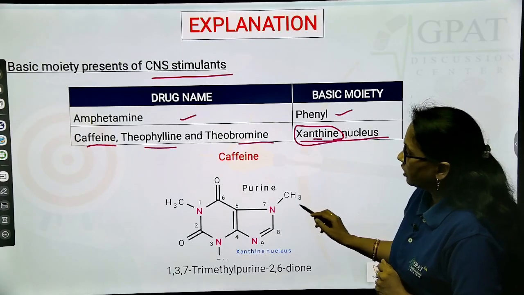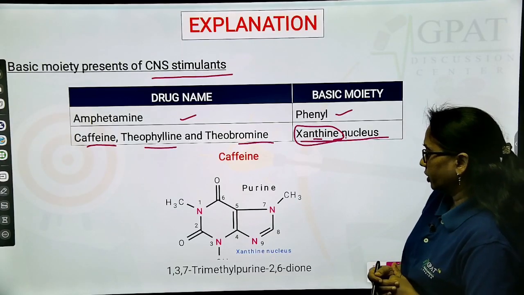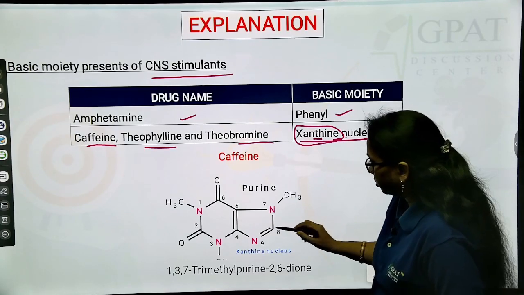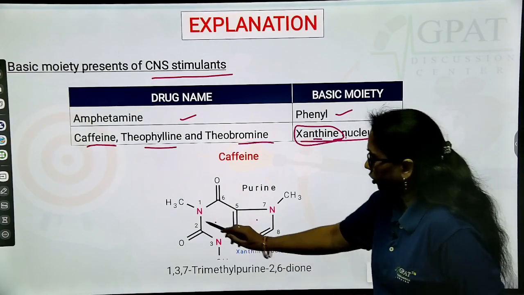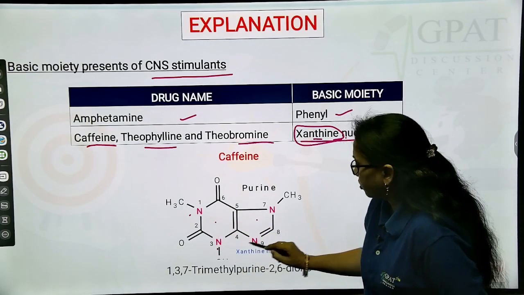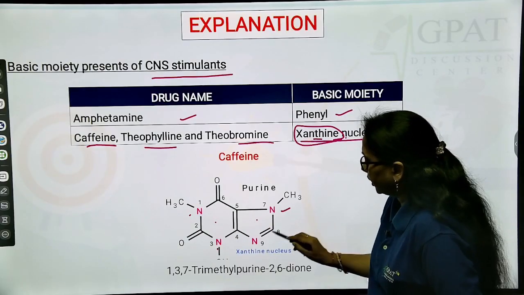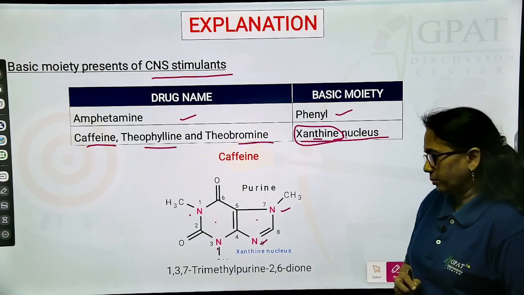In these purines and xanthines, as I told you, they contain nitrogen atoms. There are 2 nitrogens in the 6-membered ring and 2 nitrogens in the 5-membered ring.